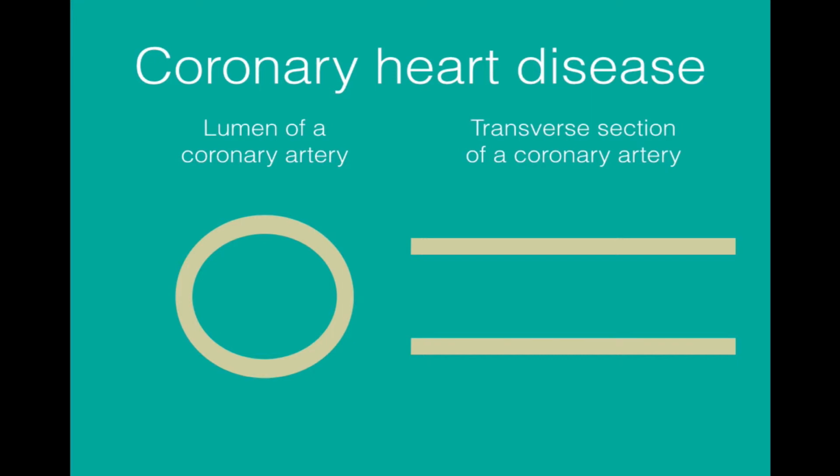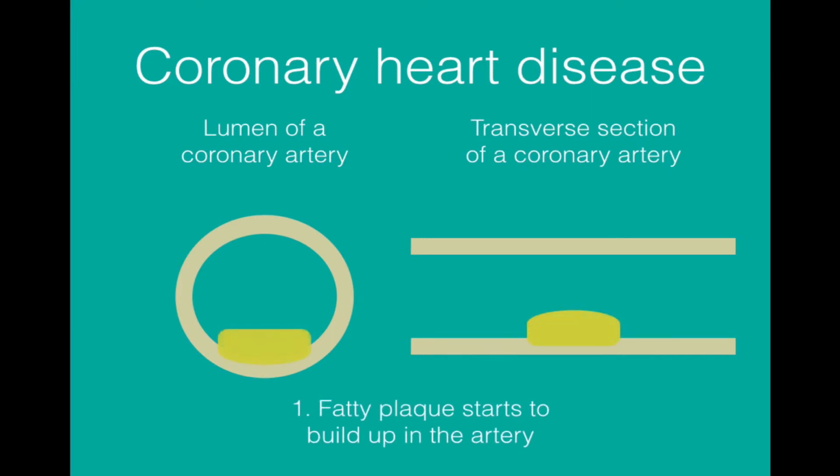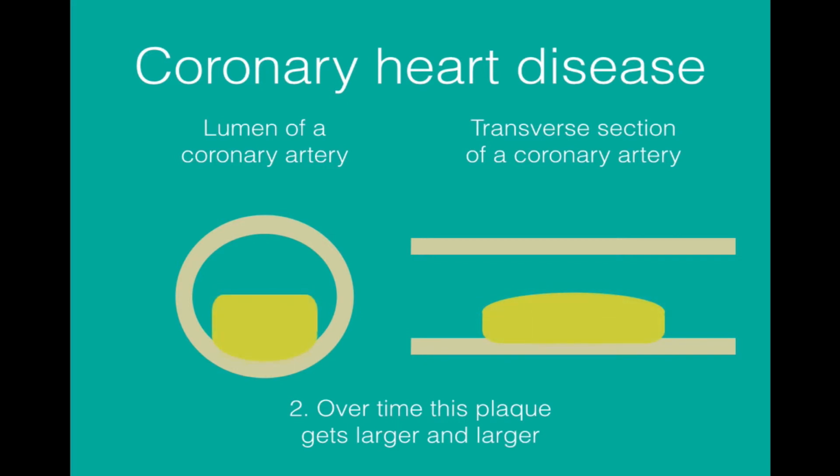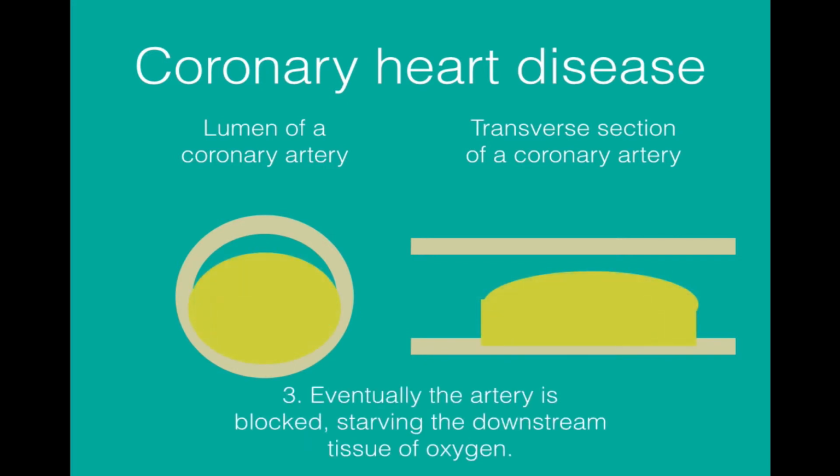So here we're looking at the artery, one head-on, one side-on, and what happens is that a fatty plaque starts to build up in the artery. Over time this plaque gets larger and larger, and the lumen gets smaller. As a result, the downstream tissue becomes starved of oxygen, because the red blood cells can no longer pass through the artery, and the tissue starts dying.